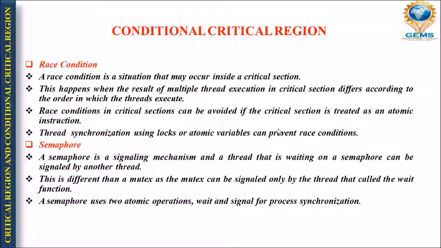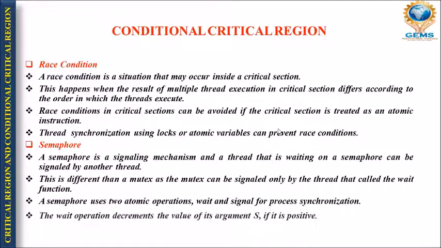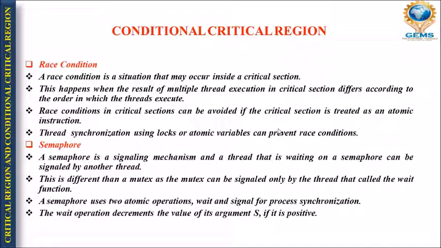A semaphore uses two atomic operations. As I have already told you, the first operation is your wait and the second operation is your signal. Right? Okay. So the wait operation decrements the value of the argument s if it is positive. If s is negative or 0, then no operation is performed.